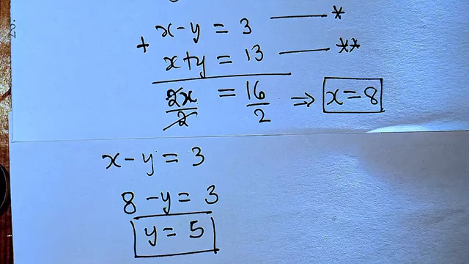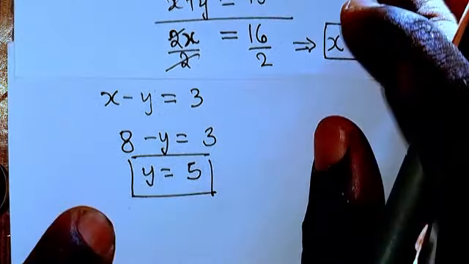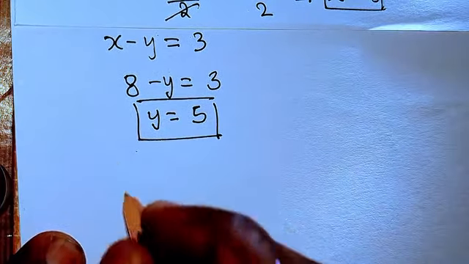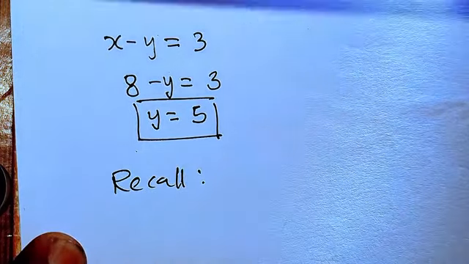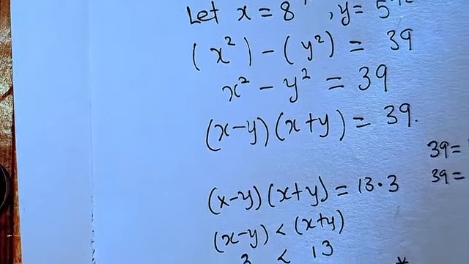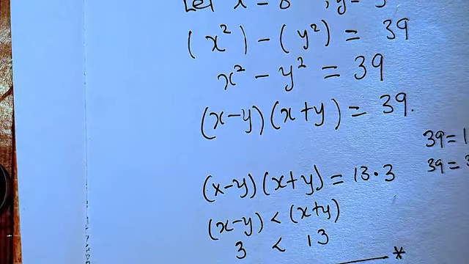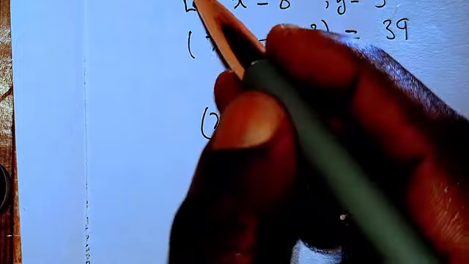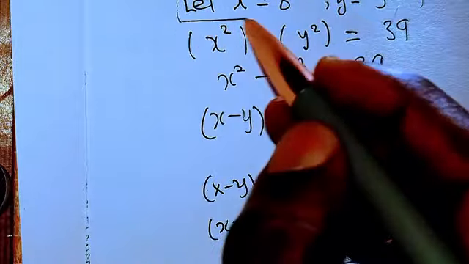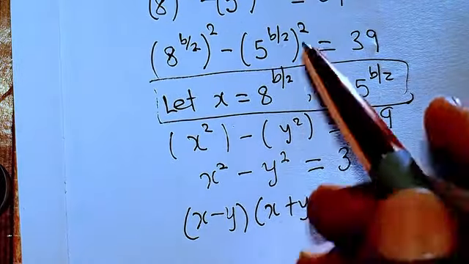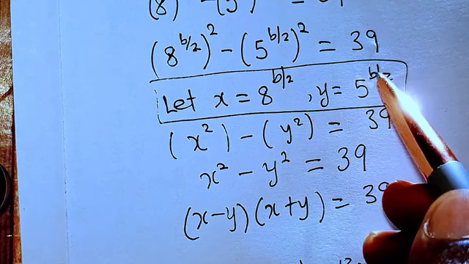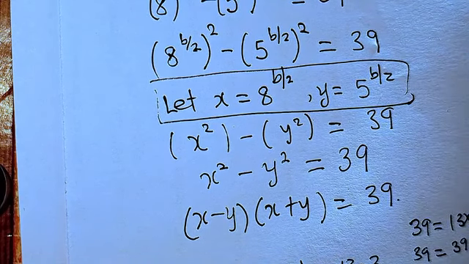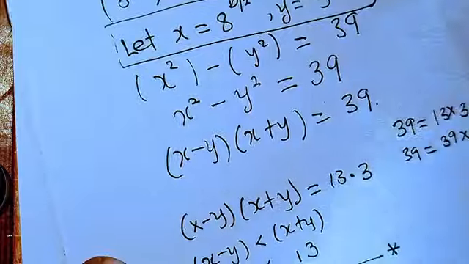Now what we need to do is let us recall that from here we've already said x to be, we set x to be 8 to the power of b over 2 and y to be 5 to the power of b over 2, right? So let us bring this forward.